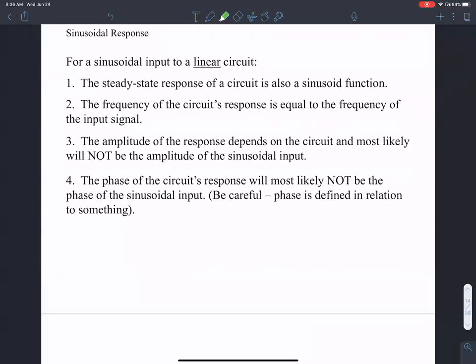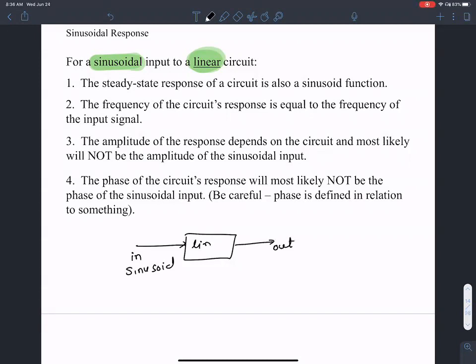For a linear circuit, these are the circuits that we talk about in this class, there are important characteristics that are handy when I want to solve problems. When I take a linear circuit and apply an input that is sinusoid, it's pretty much guaranteed the output is also going to be sinusoid.